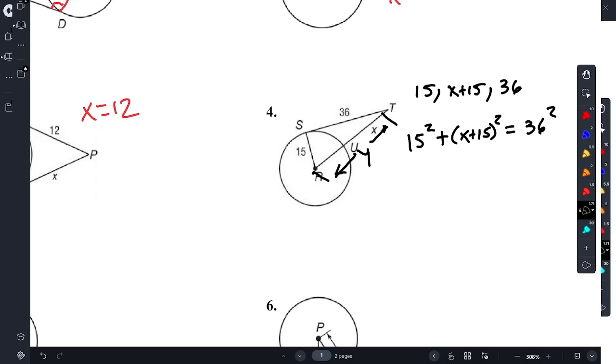Now what would that do for you? And so now if you look at it, if you call it y, you're actually avoiding quadratics in the process. So if I call this y, now it's 15, y, 36. Yeah?